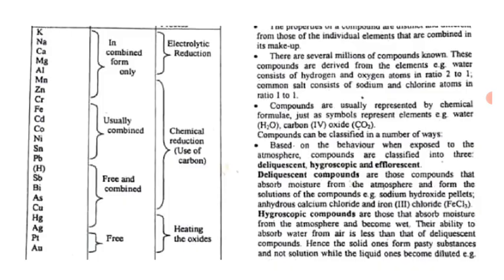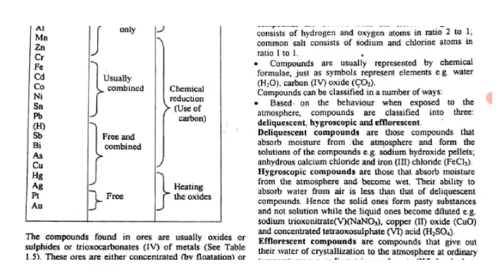Hydrogen is like the middle line. Then antimony, bismuth, arsenic, copper, mercury, silver, platinum, and gold.